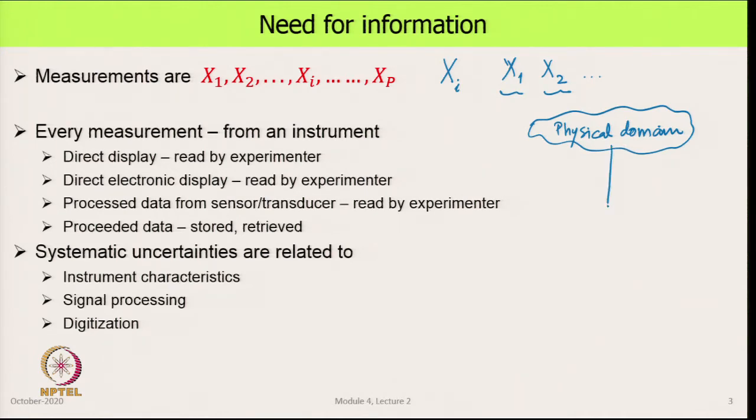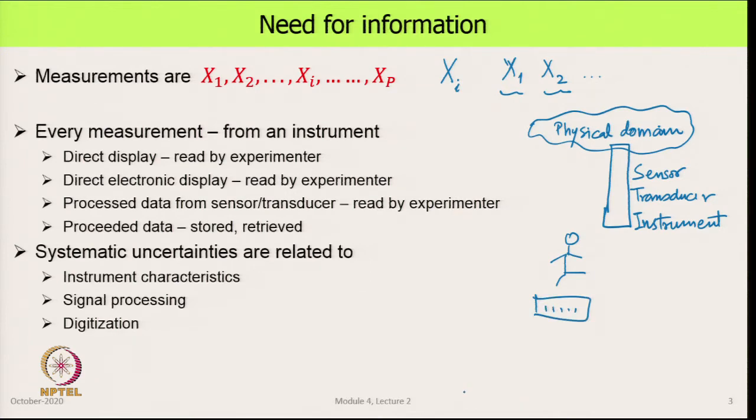Into that, we have a sensor or an instrument or a transducer. From there, two things happen. It displays the value, and then there is a manual reading by which we actually get our measurement, and this is a number.